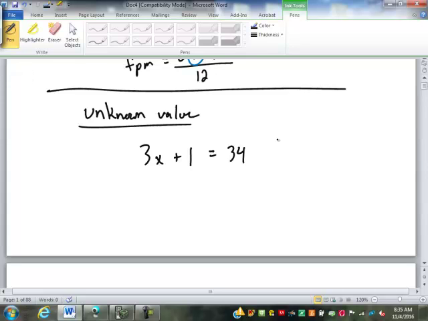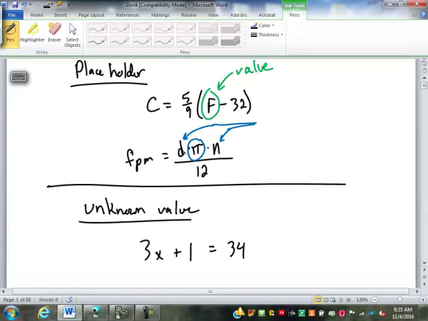X has a given value. It has a certain value. It's just not stated there. We have to do some work to figure out what that value is. But X has one and only one value in that case. It's just something we have to figure out. Up here, the variables D and N, they can take on any value that's reasonable within that application. So they have more than one specific value that they can take on.